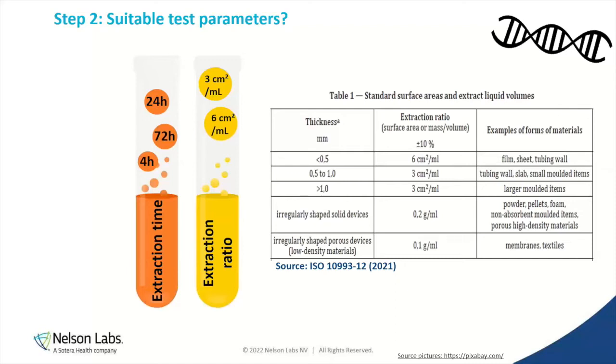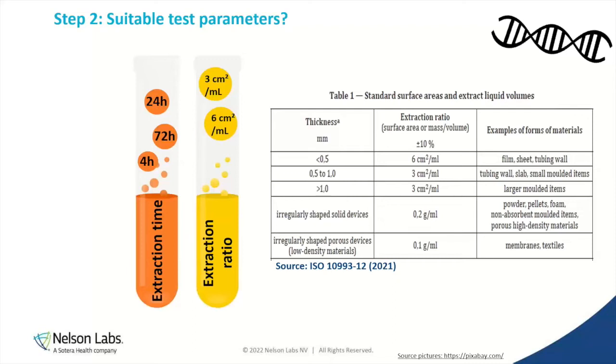So perhaps there was instruction to test the sample at 6 centimeters squared per mil, but once we go back and verify, we realize, oh, the sample really is thicker, so we should have done it at 3 centimeters squared per mil. So that's an example of this not working out correctly in the lab.